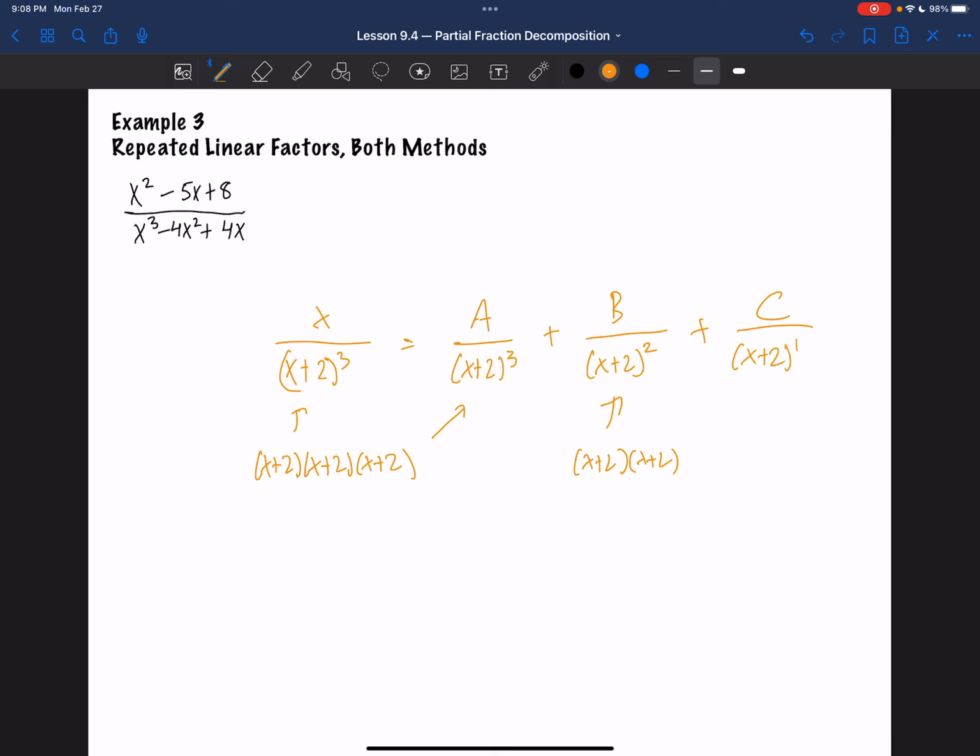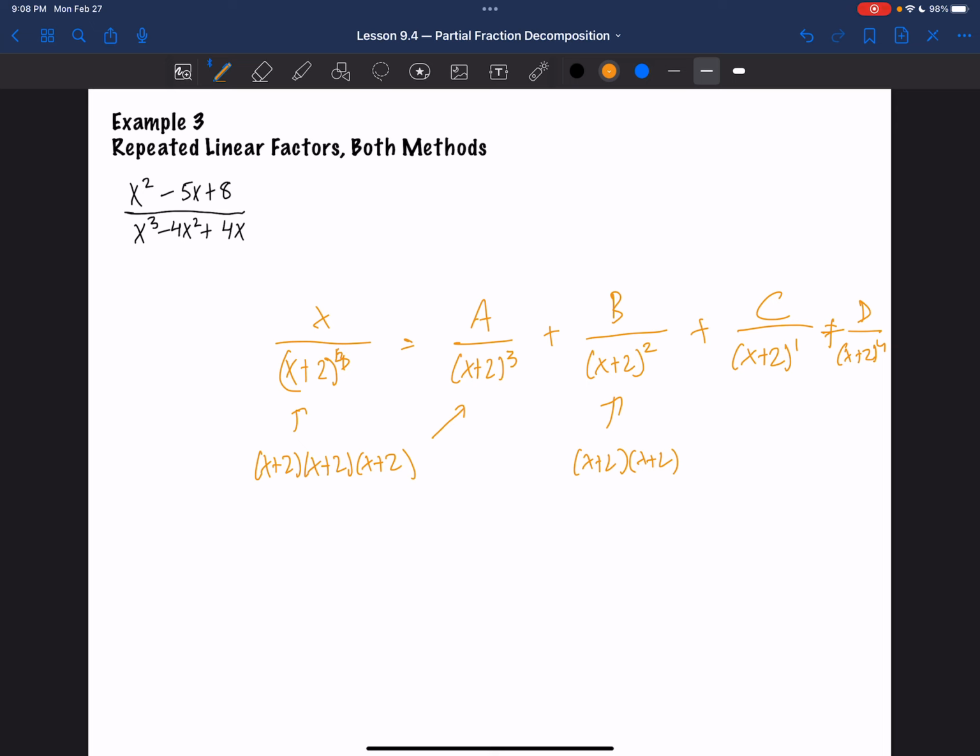And so the way this works, whenever you have repeated linear factors, is you just got to cover all the powers, starting from the highest going down to 1. So if I made this a 4, then I need to add another D over (x plus 2) to the power of 4. You got to make sure you have all of them. And that's how you deal with repeated factors.